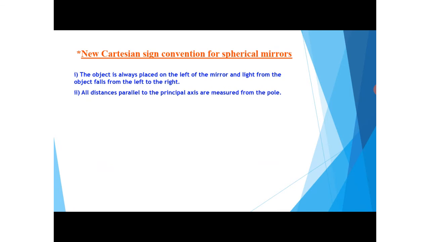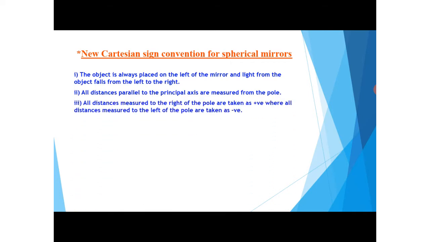The second sign convention is that all distances parallel to the principal axis are measured from the pole. So the radius of curvature is the distance between the pole and the center of curvature. All distances are measured from the pole, towards the left or towards the right, parallel to the principal axis.